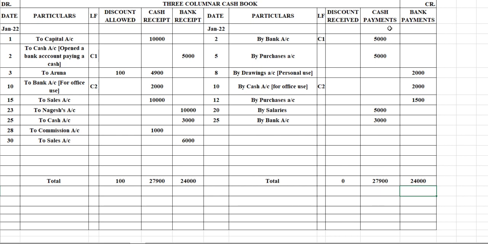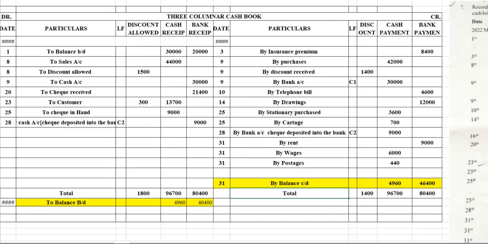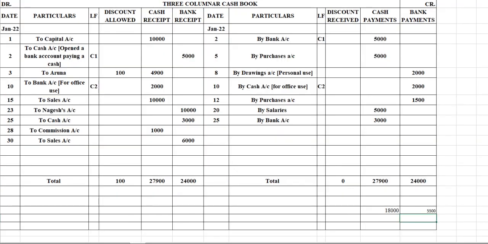What I will do, I will add all this, that is 18,000. That I will add here just for reference. Okay. I will add all this 18,000 here, and I will add all this till here, that is 5,500. That will help me understand what is the balance carried down for this.